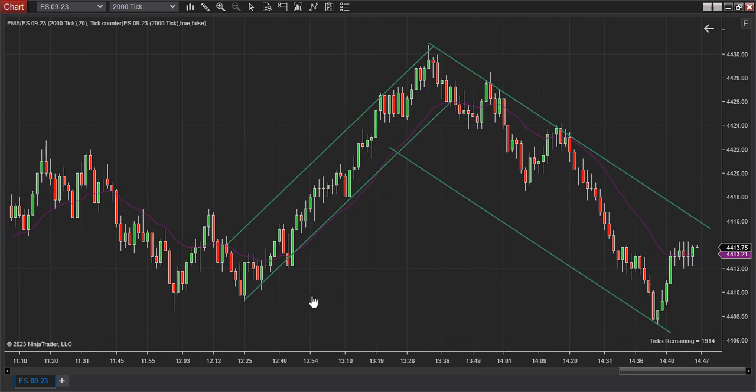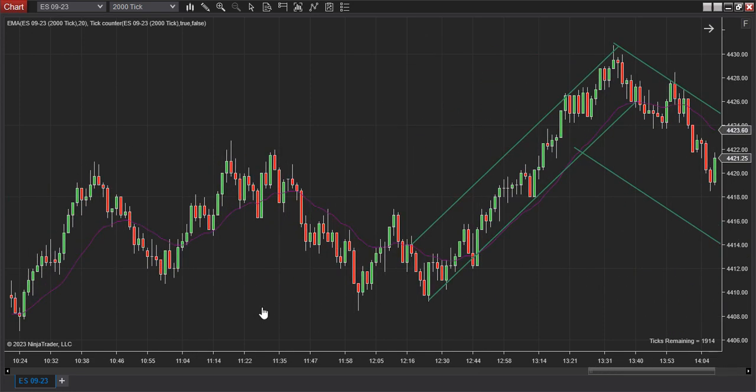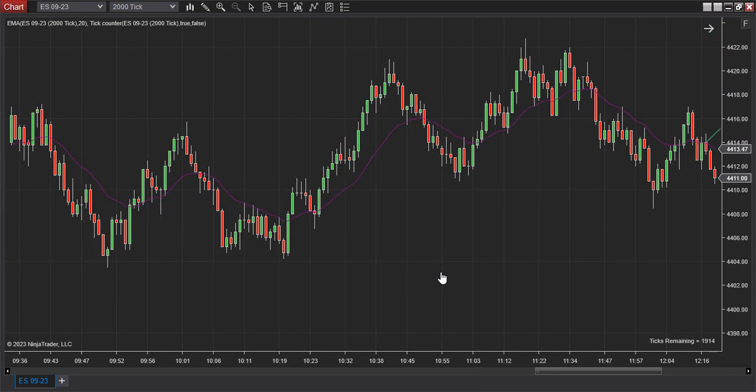Let's try to find some more examples here. Here's a bull channel. Take it from the wick to the bar body, and this is our bull channel.